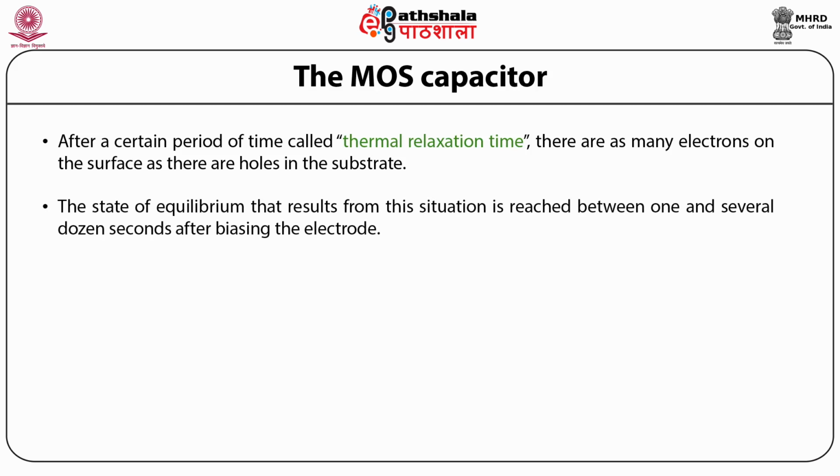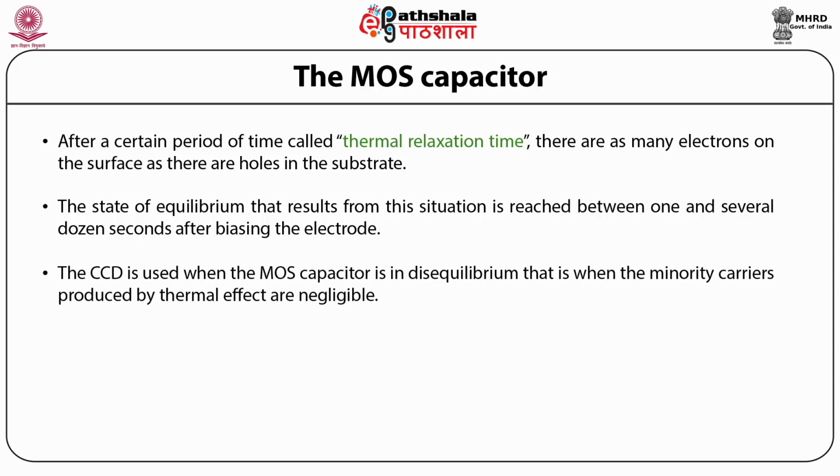The state of current that results from this situation is reached between 1 and several dozen seconds after biasing the electrode. Relaxation time depends on the type of silicon dioxide, on the state of the surface between silicon and the oxide, and on the temperature.